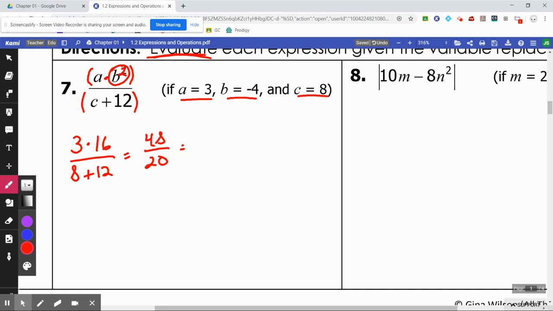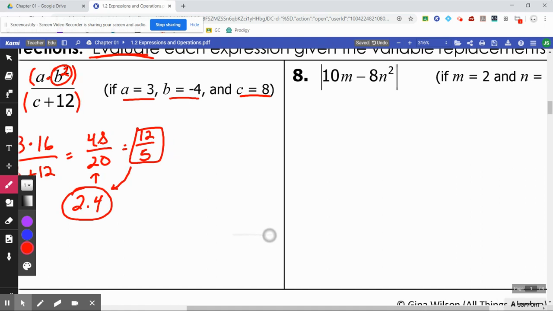I know that 4 will divide into both of these, which would give you a 12 on top and a 5 on bottom. You could have also divided here, and you would have got 2.4. Either answer is fine. But just to let you know, sometimes it's better to reduce it, and then you can actually see what that would divide into.